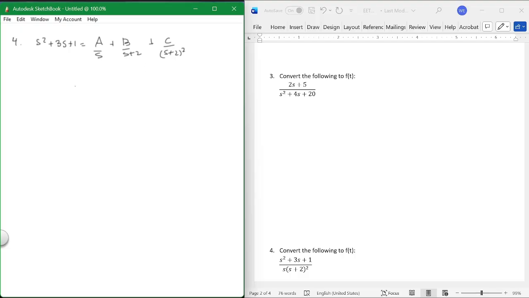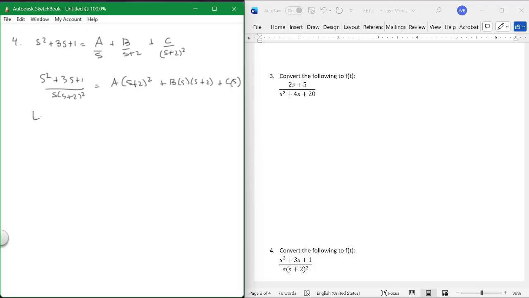So now you have to cross multiply, and it's s squared plus 3s plus 1 over s times s plus 2 quantity squared is equal to a times s plus 2 quantity squared plus b times s plus 2 plus c times s.